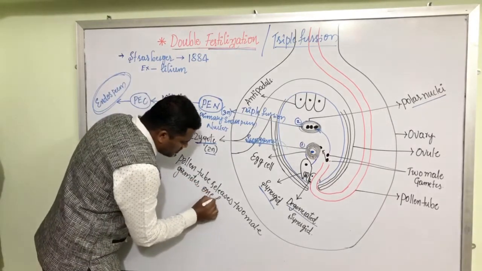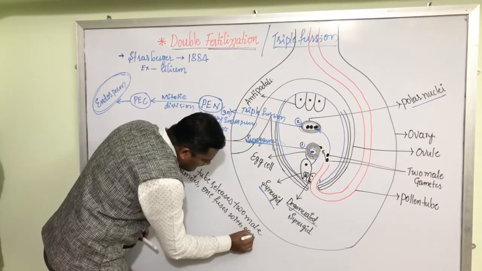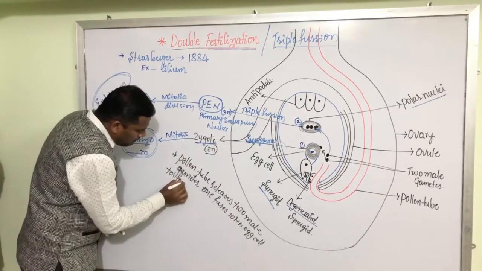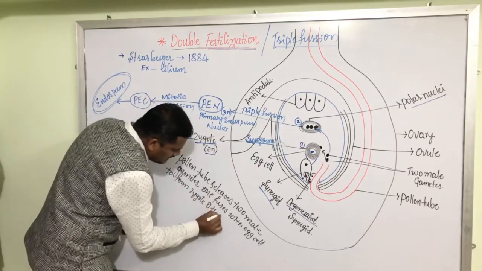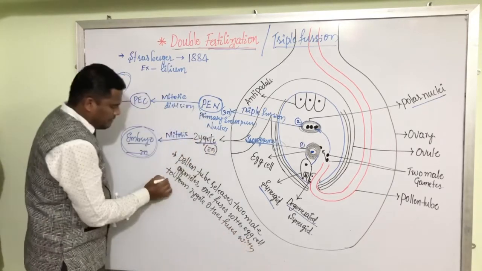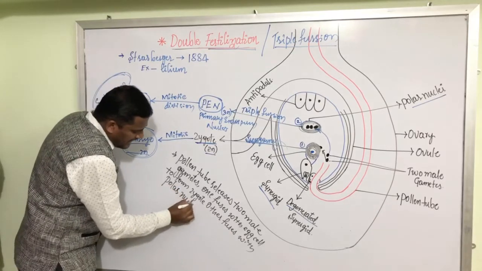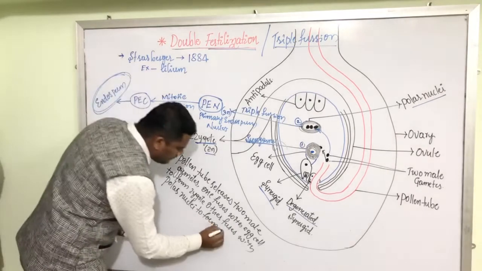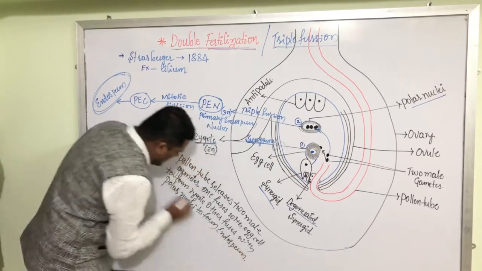One fuses with the egg cell to form the zygote. The other fuses with the polar nuclei to form the endosperm.